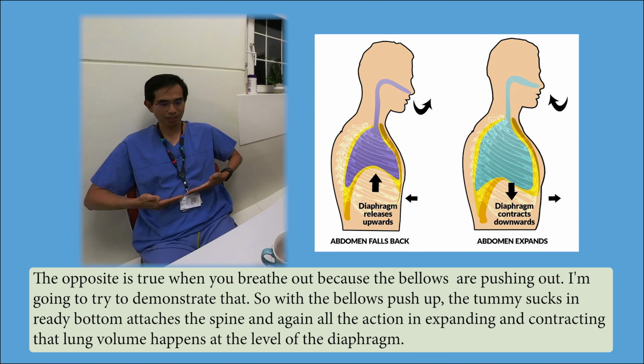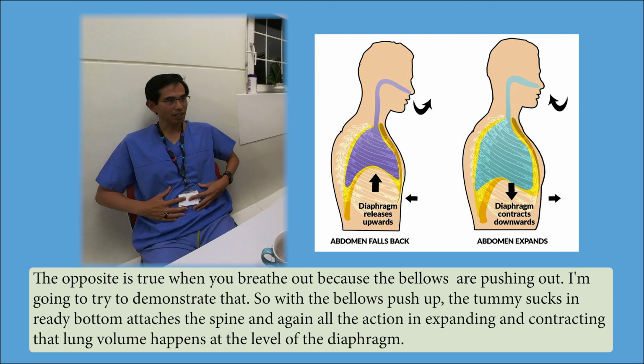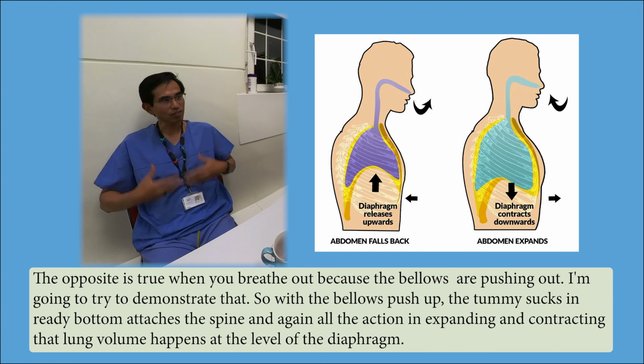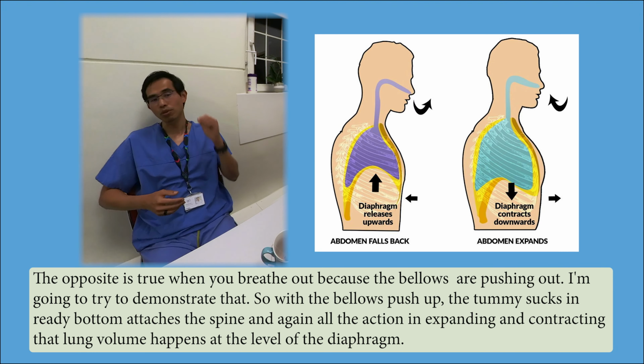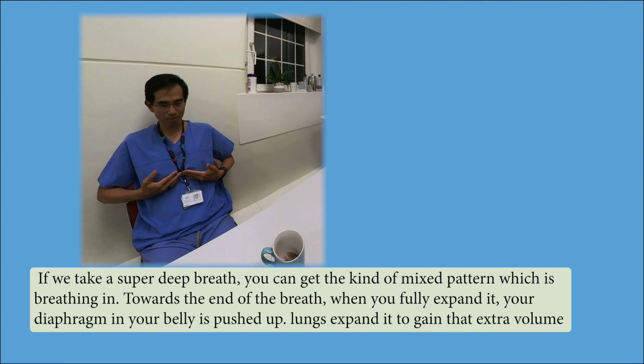And the opposite is true when you breathe out, because the bellows are pushing out. I'm going to try and demonstrate that. So when the bellows push out, the tummy sucks in, the belly button touches the spine. And again, all the action in expanding and contracting that lung volume happens at the level of the diaphragm. And now, of course, if you take a super deep breath, you can get the kind of mixed pattern.